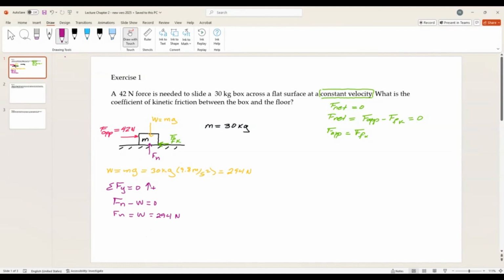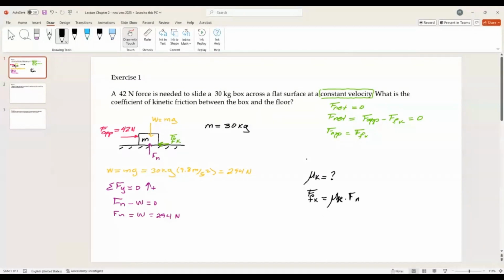Well, the question here is about finding the coefficient of kinetic friction. So what is unknown here is mu sub k, the coefficient of kinetic friction. And then we know that the force of kinetic friction is equal to this coefficient of kinetic friction mu sub k times the normal force.